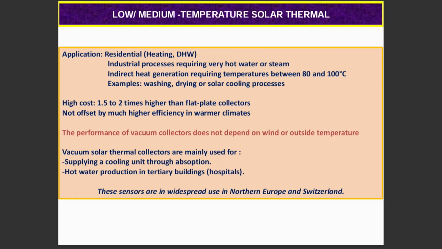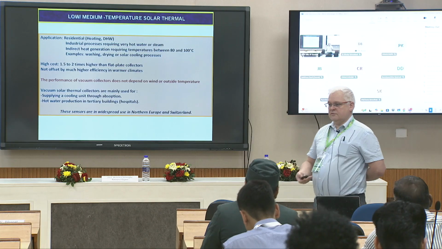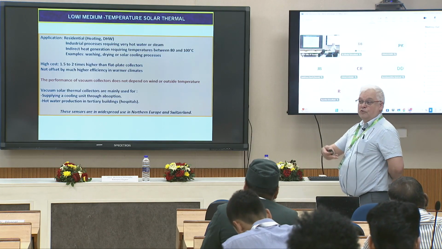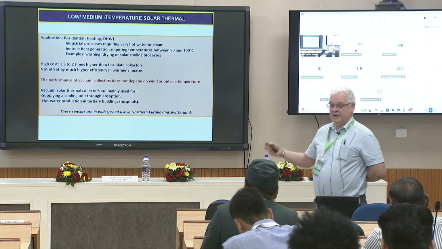So for low and medium temperature, the main application is residential heating and domestic hot water. You can use it for industrial processes that could require hot water, typically for cleaning. There are a lot of industrial processes like yogurt or milk manufacture.